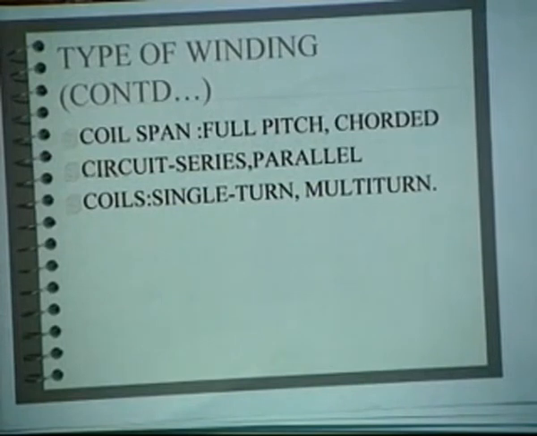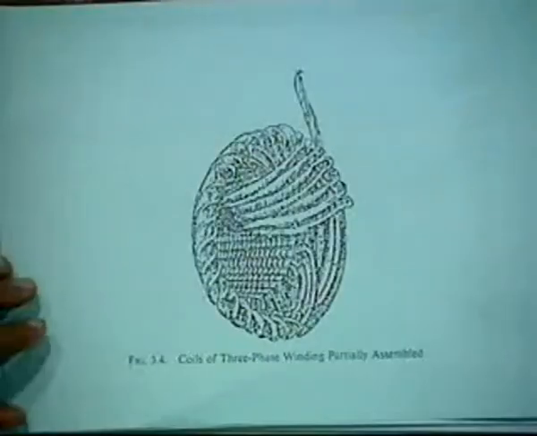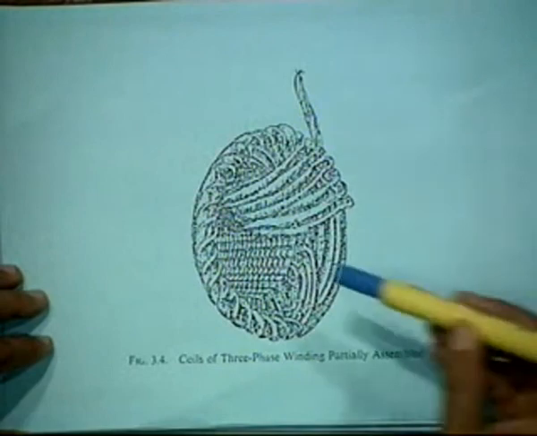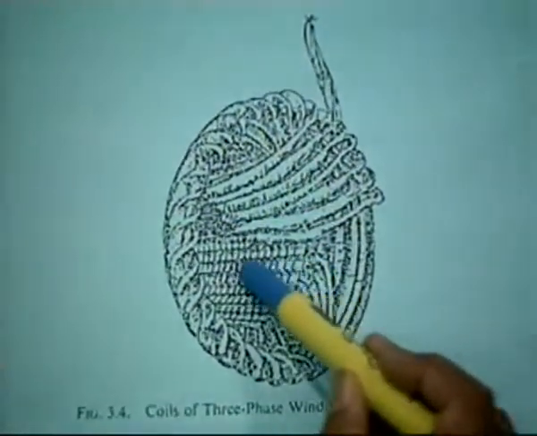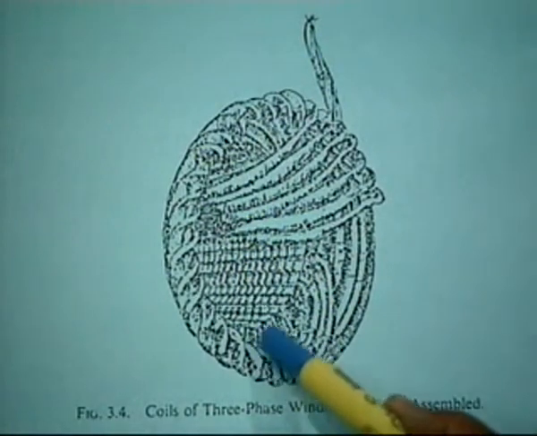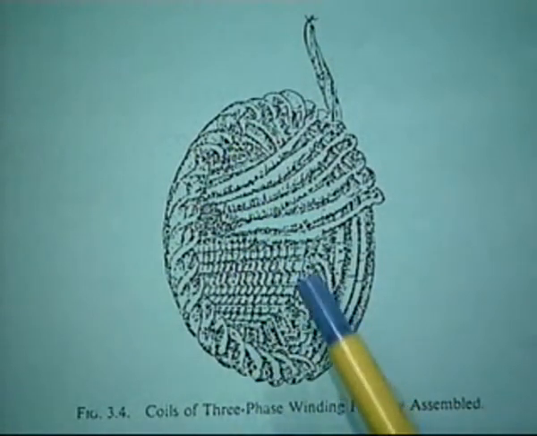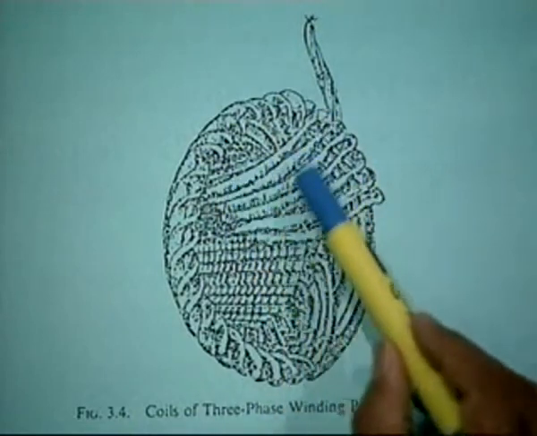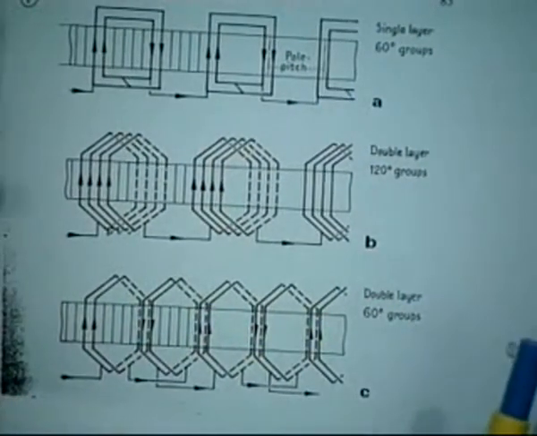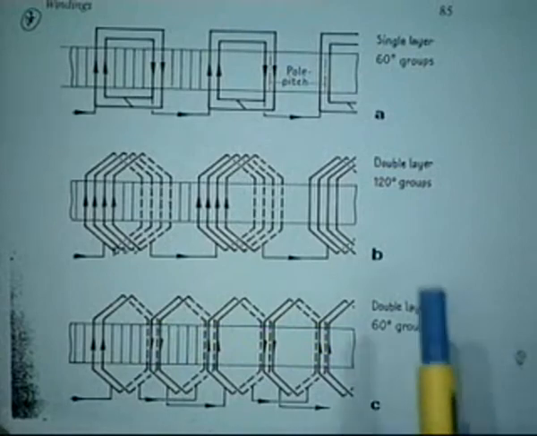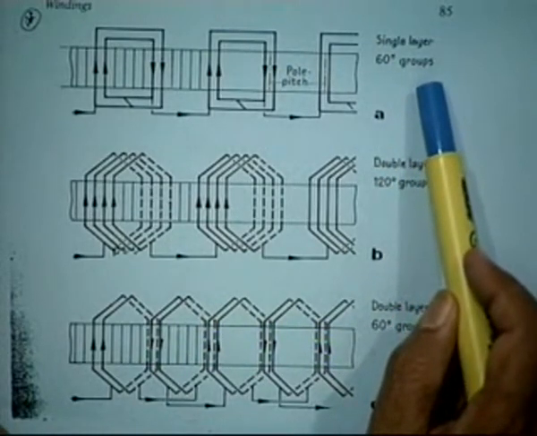Now, I have some pictures, just to sensitize you, because this is difficult to say. Yesterday, in the last lecture, we saw the end winding connections with the slots. Conductors are coming out, top to bottom and so on. So if these are all the top and these are all the bottom, these are all single layer 60 degree groups.